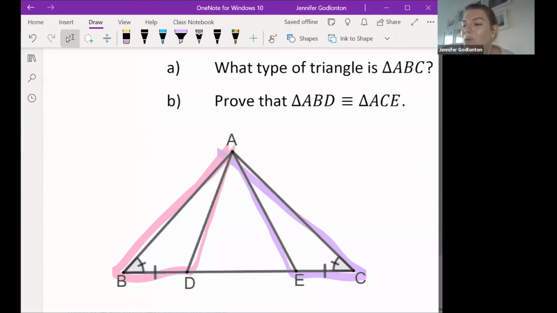I will be so excited if someone gives me the correct rule for one of these things, because we haven't actually spoken about it together as a class, but some of you may have done it in school. So I will be very excited if someone can tell me the real reason.